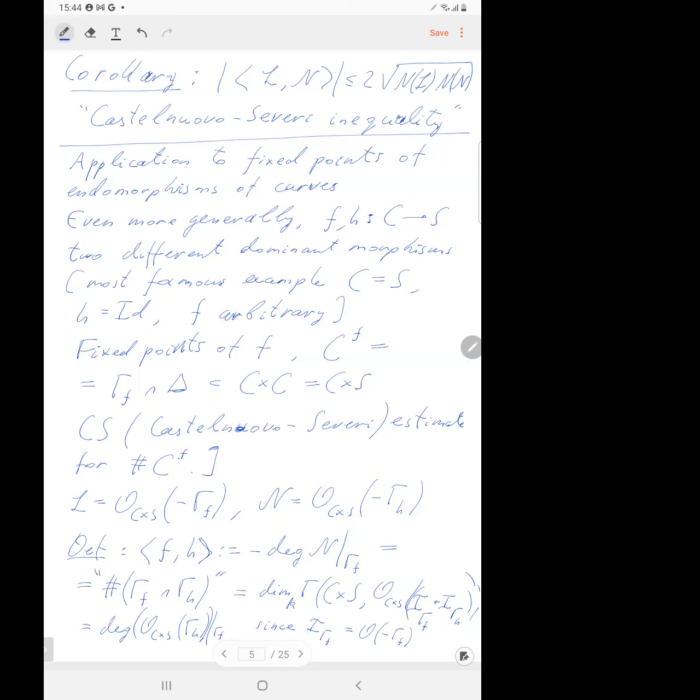The product of curves is a surface. The graph is a curve, so it's a divisor, a smooth divisor in this surface. And the ideal sheaf of this divisor is just, by the very definition, O of this negative divisor. Okay, so that's what we have by definition.